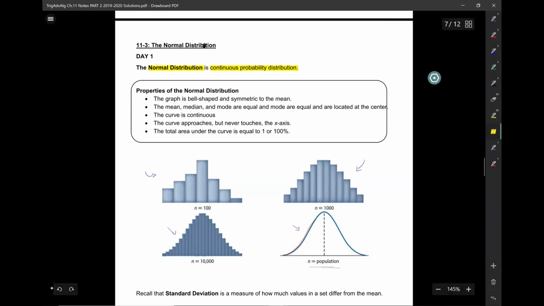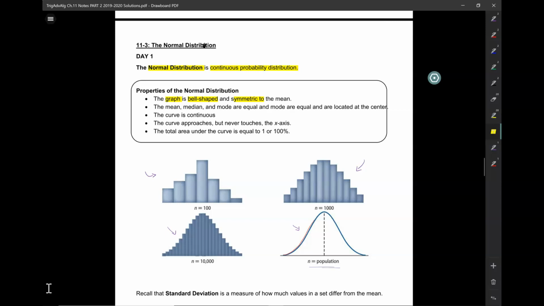First and foremost, the graph is bell-shaped, right? You see that? It's a bell, and it is symmetric to the mean. So we also call it a bell curve, and I'm sure you've heard that term before.